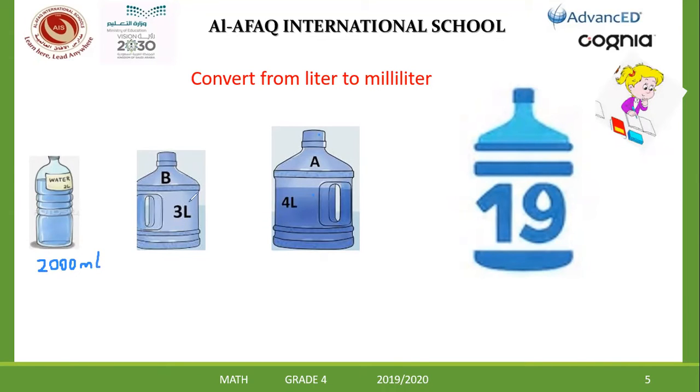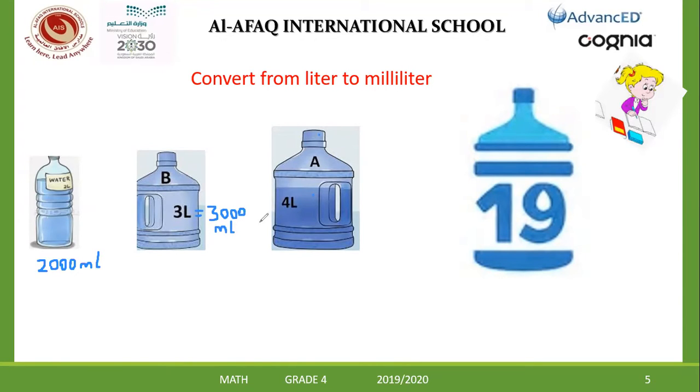What about 3 liters? To change them to milliliters, we can say 3000. It means I have the 1000 three times, so it will be 3000, and the unit will be milliliter. After I multiply this number of liters by 1000, I'll get the number with the unit of milliliter.